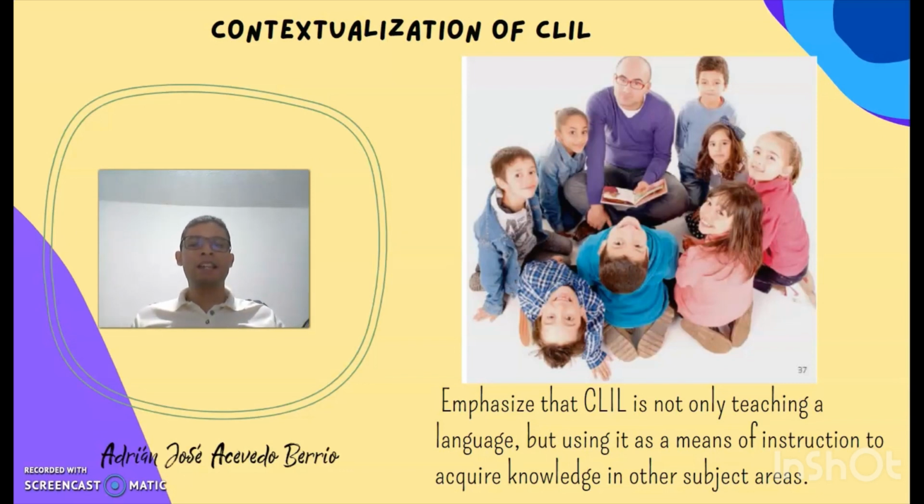So that is to say that contextualization of CLIL means that a CLIL course is related to teaching something new, something that may not have anything to do with the language itself, even though we are teaching through a foreign language, and even though a student may be learning something new about the foreign language which is used in the class.